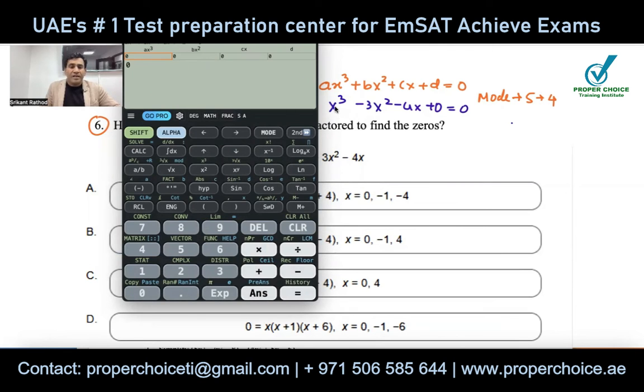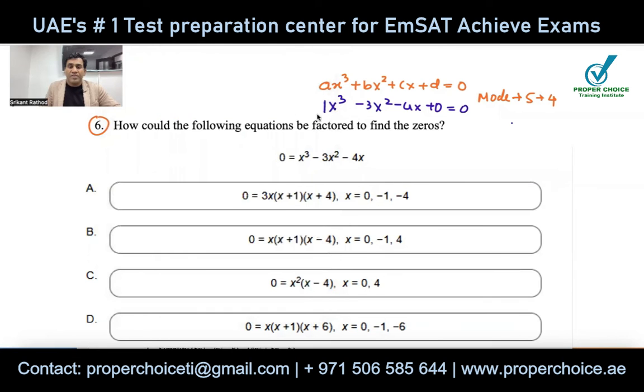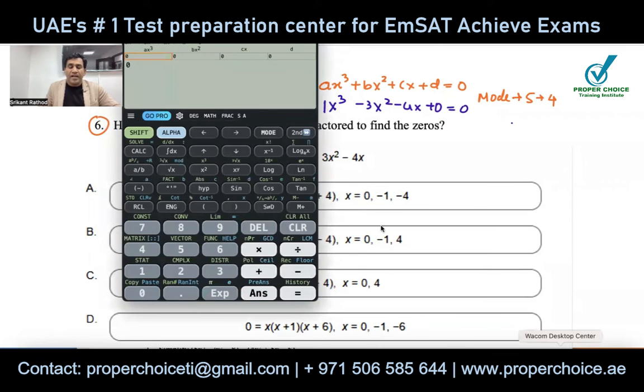A is the number in front of x cube, we don't have any, so it is 1. If nothing is written, the coefficient of x cube is 1, so I put 1 and press equal. The number with x square is minus 3, press equal. The number with x is minus 4, press equal. The constant term d, which is 0 as we don't have it, press equal.